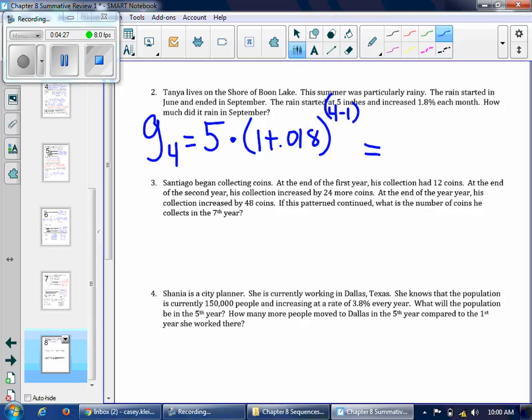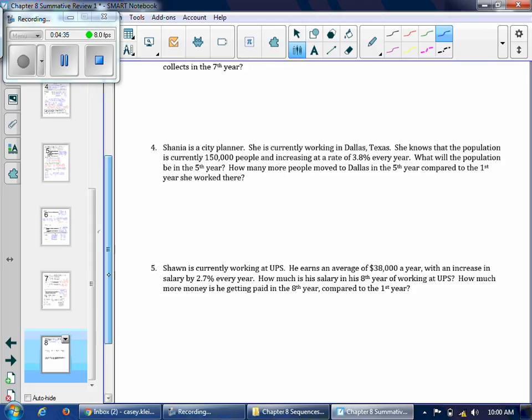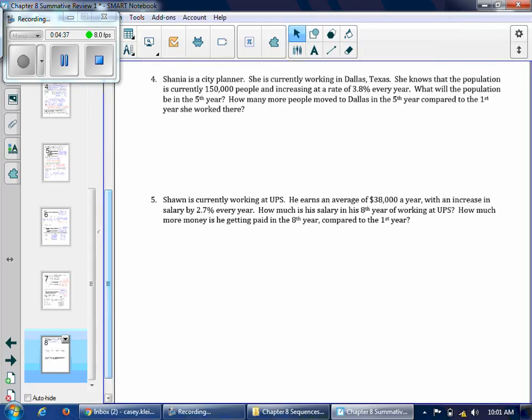So let's go ahead and collect our data. The first term is going to be 150,000. The number of years going by, so n, is going to be 5 for 5 years.